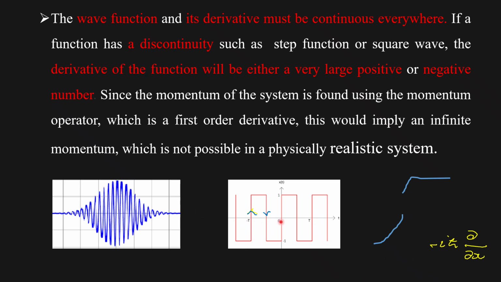That is, momentum is infinite, which is not possible in a physically realistic system. So the wave function and its derivative must be finite and continuous. Why is it continuous? Because, as I said, if there is a discontinuity, the momentum will go to infinity.